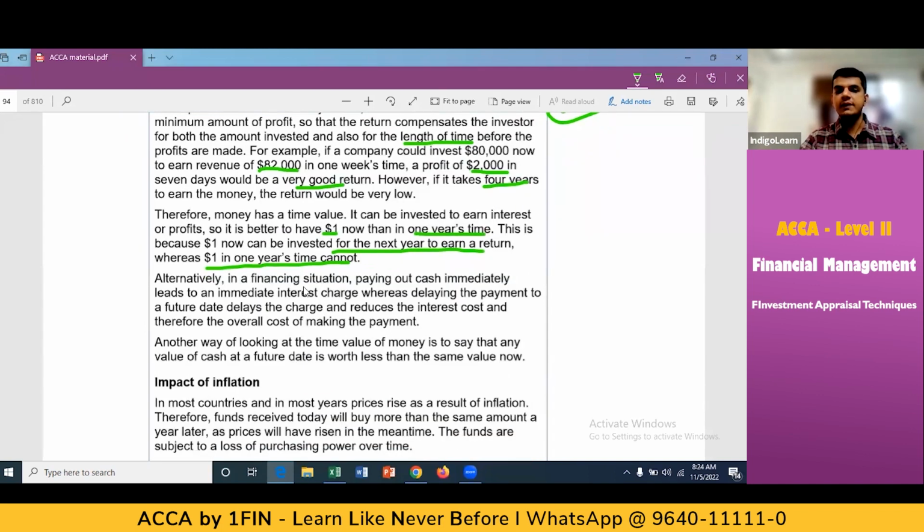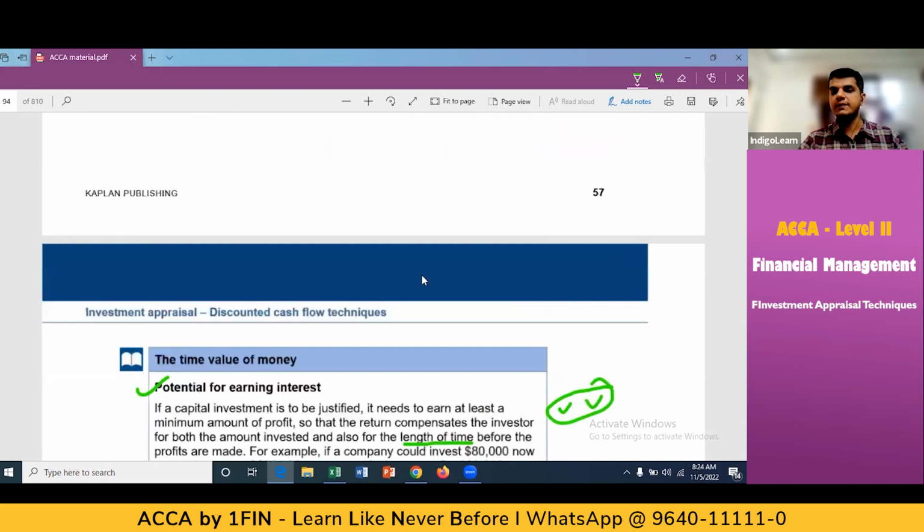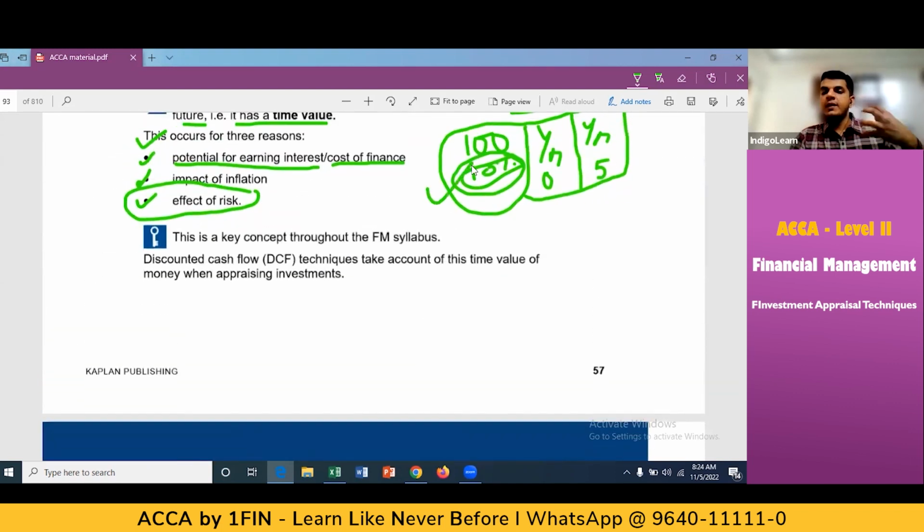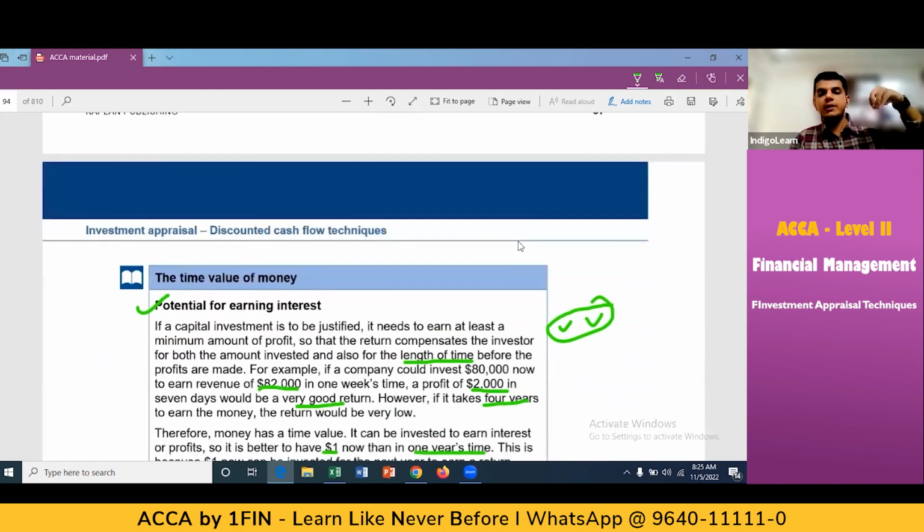Alternatively, in a financial situation, paying out cash immediately leads to an immediate interest charge, whereas delaying the payment to a future day delays the charge and reduces the interest cost and therefore the overall cost of making the payment. Same example as we have taken right now. If you have to invest somewhere by borrowing something, then obviously if you could delay the initial investment, then you can delay the interest cost burden on you and therefore the overall cost will be lowered and your return will go up.